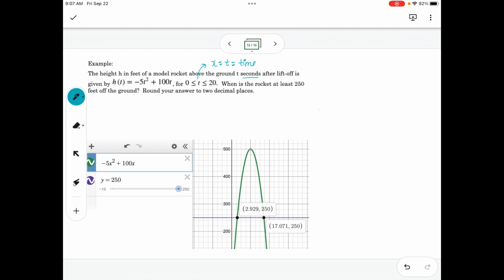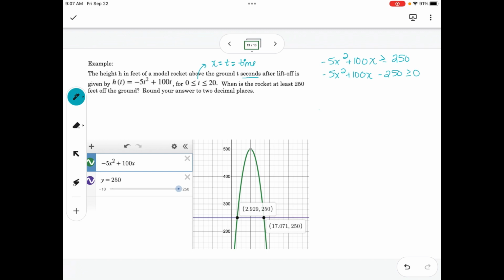So we certainly could solve by saying, well, I'll have negative 5x squared plus 100x greater than or equal to 250, because our rocket has to be at least 250 feet off the ground. But then I'd have negative 5x squared plus 100x minus 250 is greater than or equal to 0.